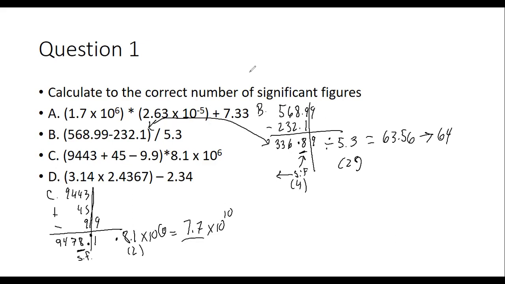All right, so I can go on to D then. Am I multiplying 94718.1 by just 8.1? It's 9478.1. And you're multiplying by 8.1 times 10 to the 6.